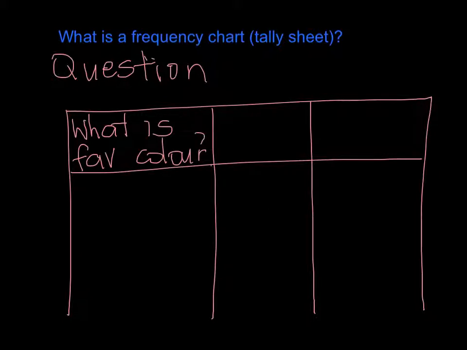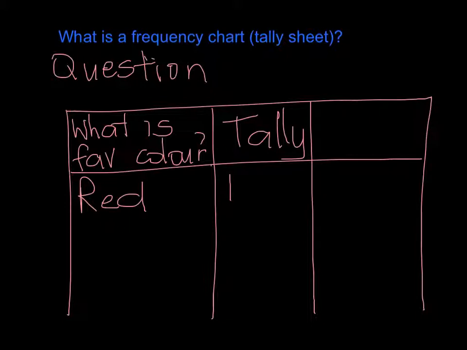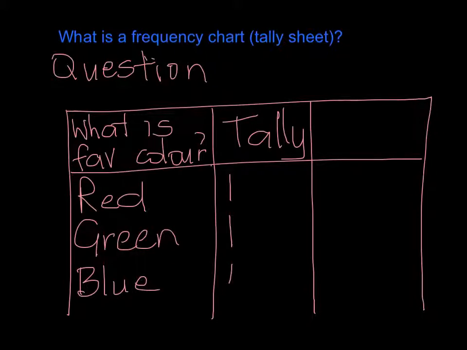And you ask someone and you create a tally. So the first person says red, and you give that one for the tally. The next person says green, 1. The next person says blue, 1. The next person says red, the next person says red.